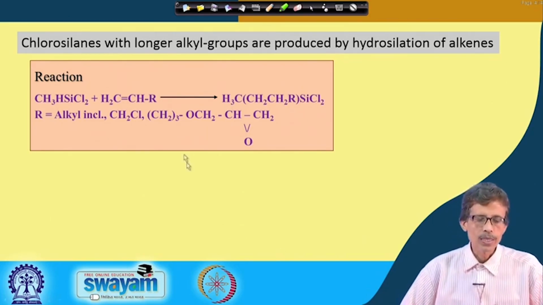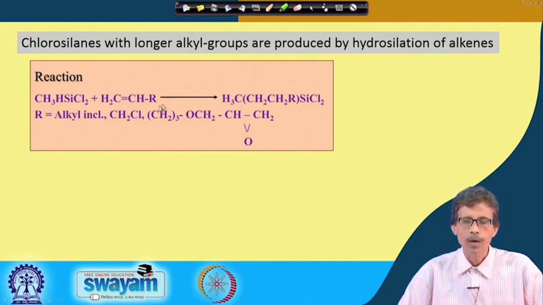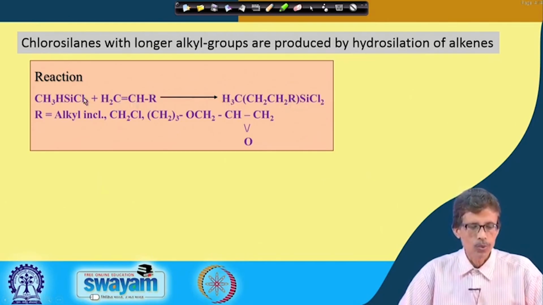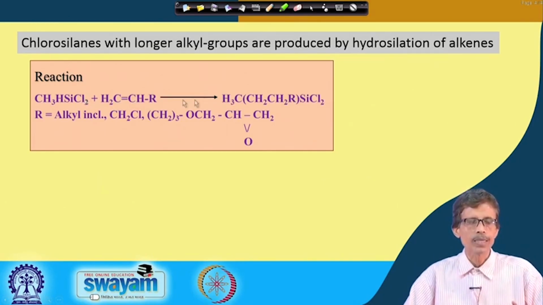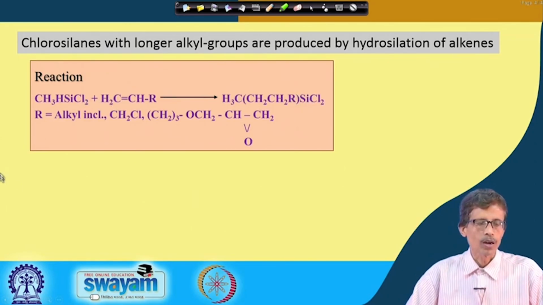So, when we use this, we get a particular product through the introduction of the alkene part, through polymerization, along with this R function attaching to your silicon.